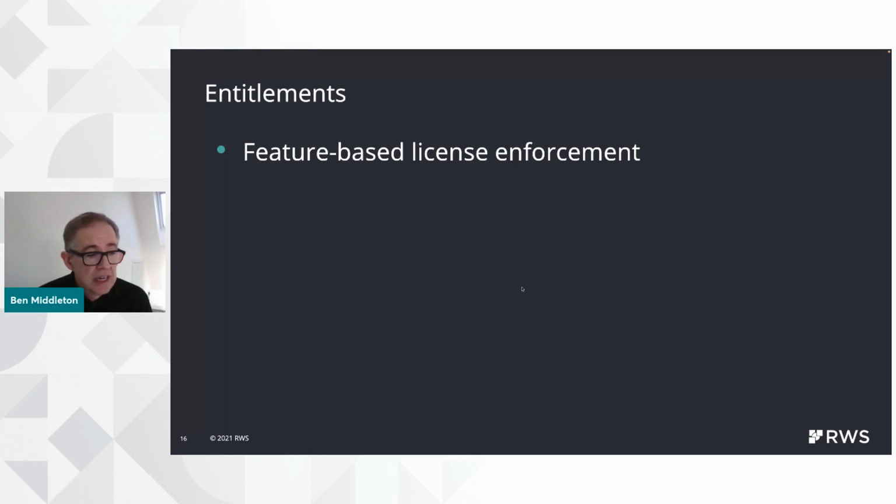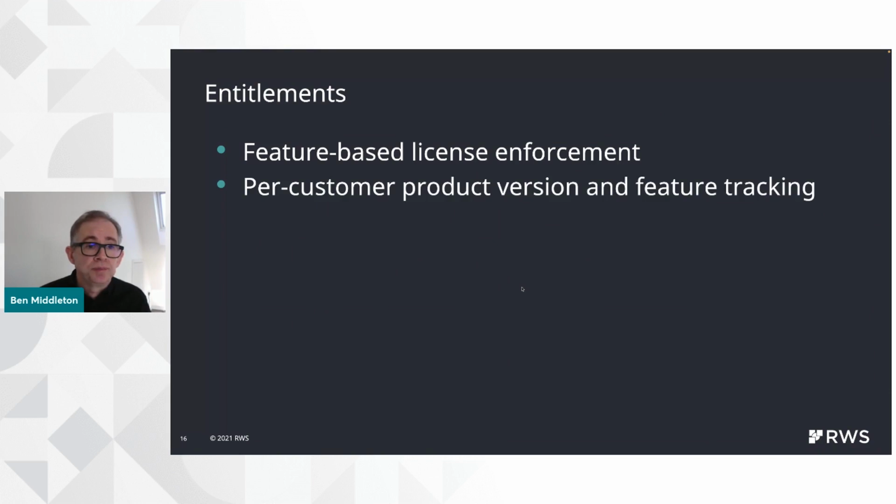It does provide value for customers if you have a support issue, for instance, because we can already see things like the version of the modules that you're running on your system. So again, it provides useful feedback for us. It's done on a per customer basis, and as I said, we track it through versions and through features.